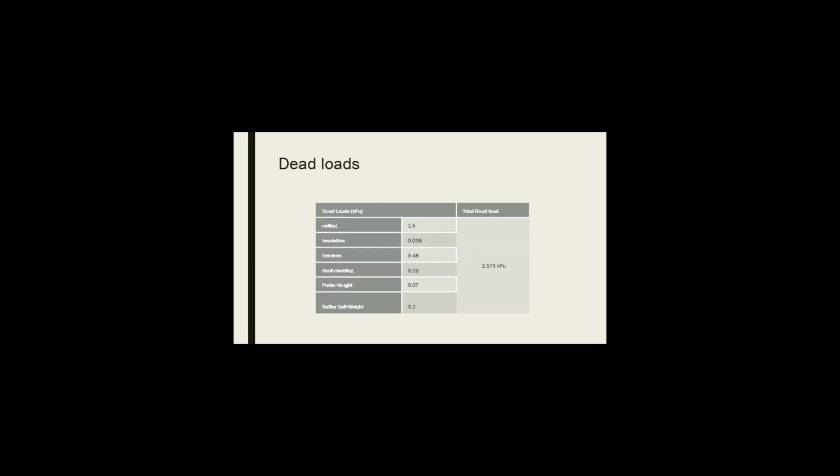Dead loads. The dead loads below are from ceiling 1.5, insulation 0.035, surfaces 0.48, roof cladding 0.29, purlin weight 0.07, rafter self-weight 0.2. This gave a grand total of 2.575 kPa for the total dead load.